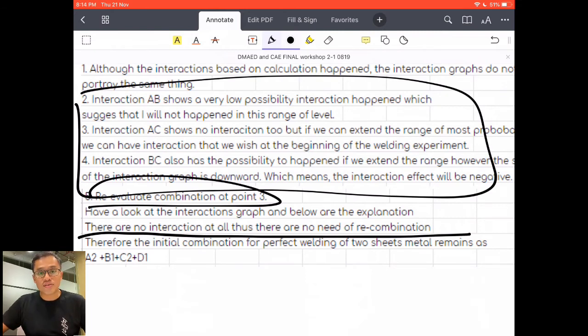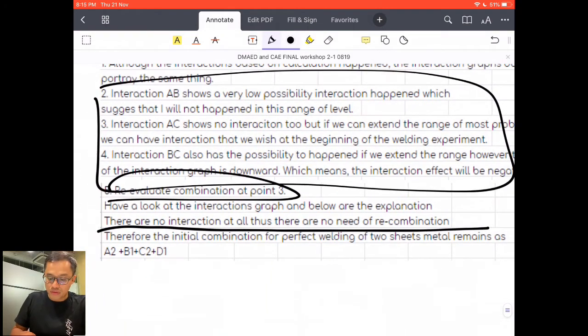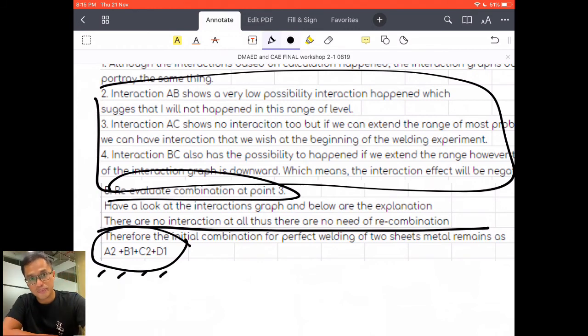If there is no interaction, there is no need for us to find any combination. In the Taguchi method video, we had to redo the combination because one of them had interaction. Watch the video and you'll know what I mean. But none of them have interaction here, and therefore there is no need to recombine, and the original combination A2, B1, C2 and D1 stays the same.